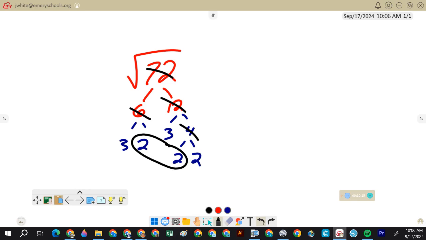A pair of 2s and a pair of 3s. So on the outside, I write a 2 and a 3, which becomes, do we add them or multiply them? Multiply. So the outside is 2 times 3, which is 6. And the inside is a 2. So 6 root 2. Okay.